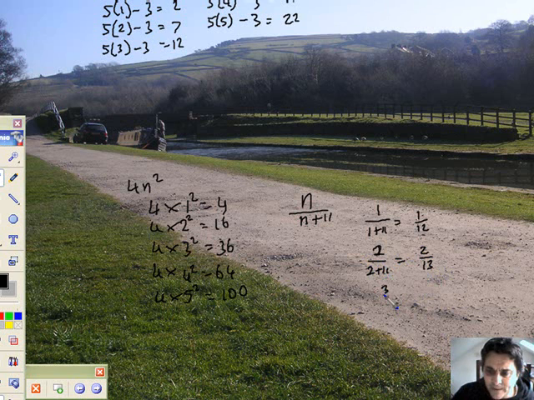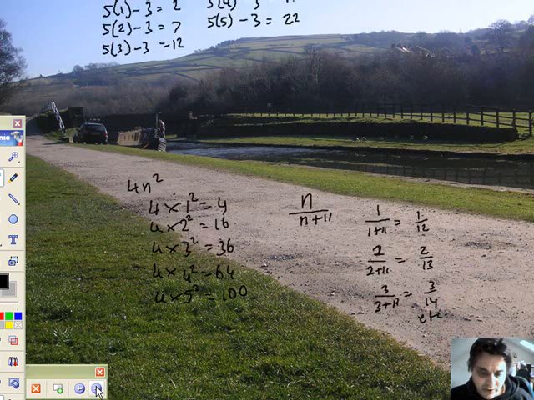Next one, 3 over 3 plus 11, that's 3 over 14. And I'm sure you can see the sequence unfolding. 1, 2, 3 for the numerator, 12, 13, 14 for the denominator. So that'll just continue all the way up to the fifth term. Alright, next page.